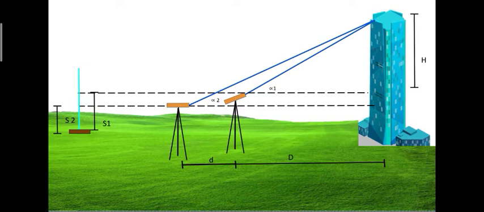And in the same way, you're going to calculate the RL of the top of the building or the bottom of the building, the same way that I have told in the previous class. Here in this case, what is happening is the A point, that is this, the station A, is a little bit higher than the station B. You understand, right?